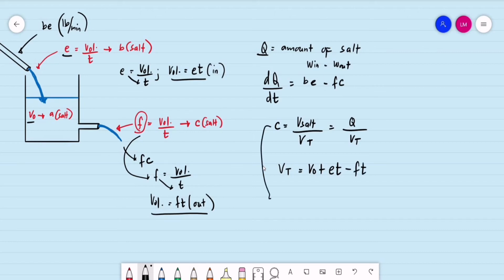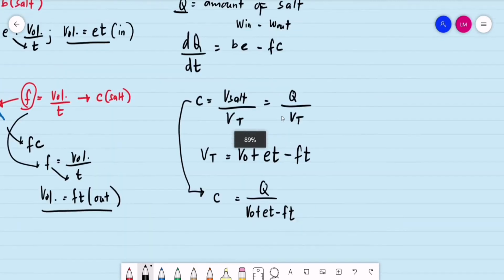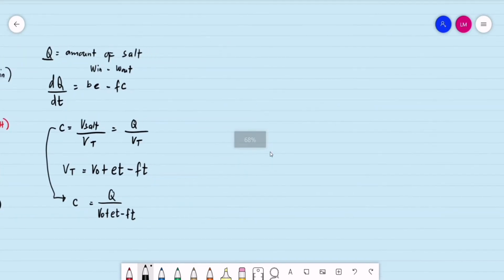So the concentration of the salt leaving the tank will be C, that is the amount of salt divided by the initial volume plus volume in, ET, less volume out, FT. Then let us now have our expression.